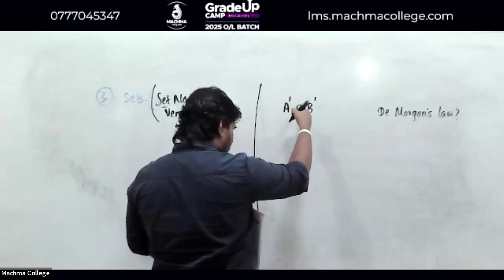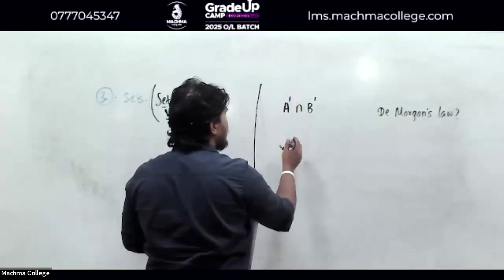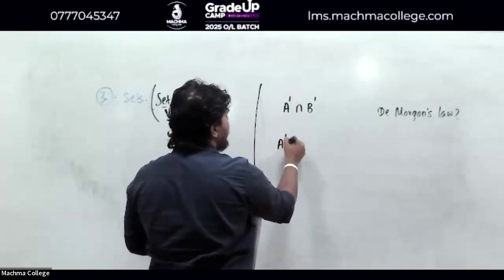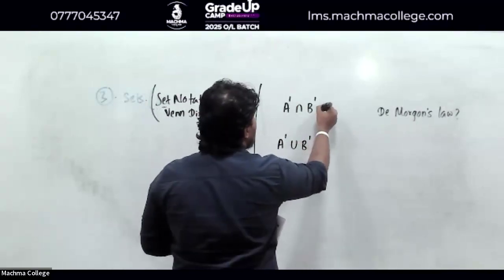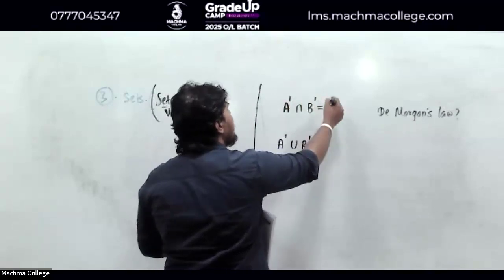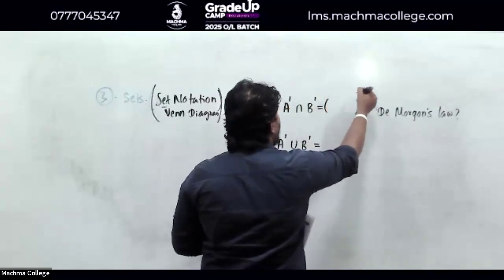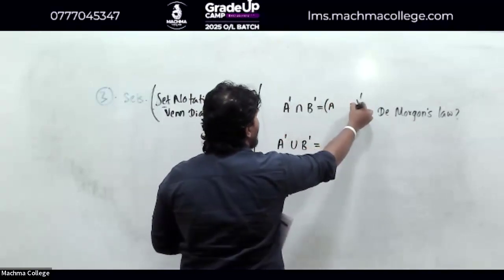It can be A complement intersection B complement or A complement union B complement. When we are writing this one, let's say I'm taking the complement outside like this.